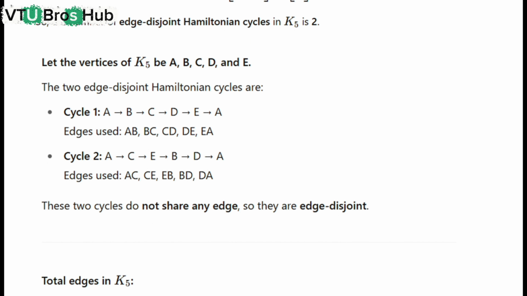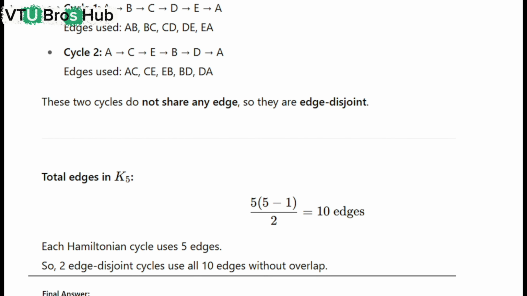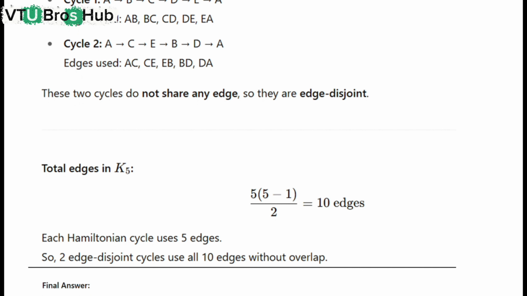Cycle 1: A to B to C to D to E to A. Edges used: AB, BC, CD, DE, EA. Cycle 2: A to C to E to B to D to A. Edges used: AC, CE, EB, BD, DA. As you can see, the 2 cycles do not share any edge, so they are completely edge-disjoint.